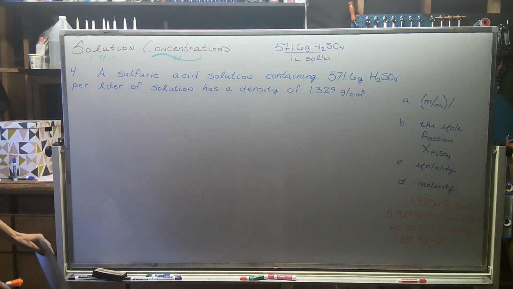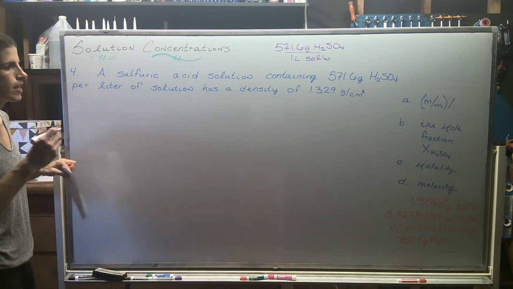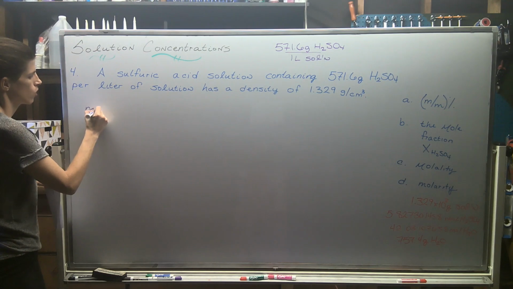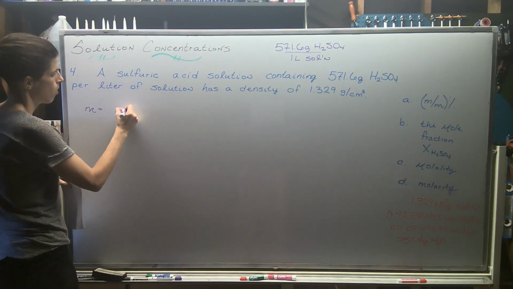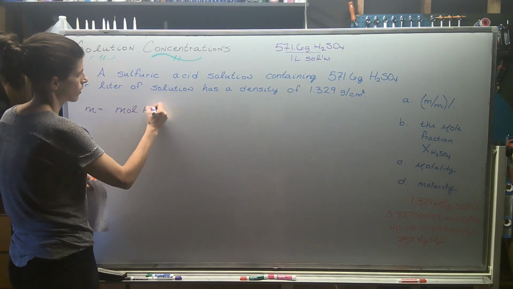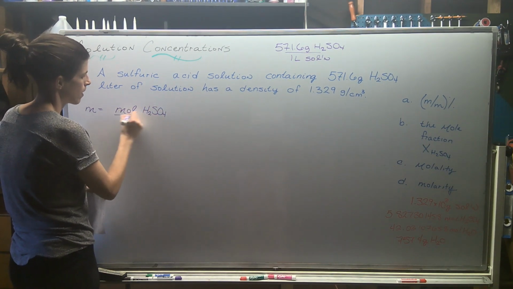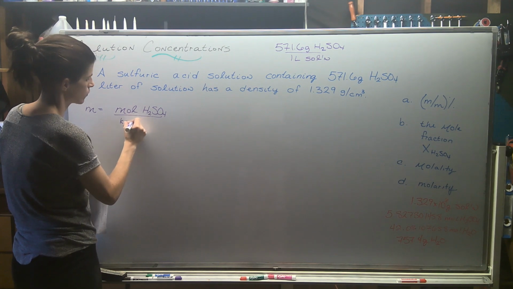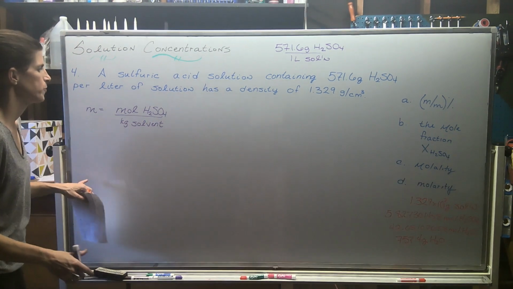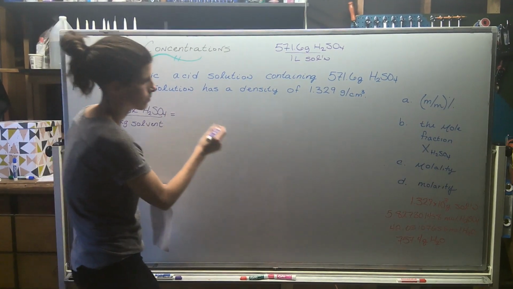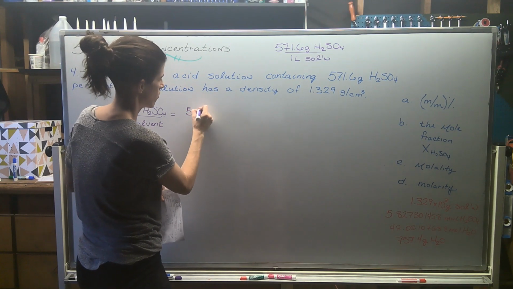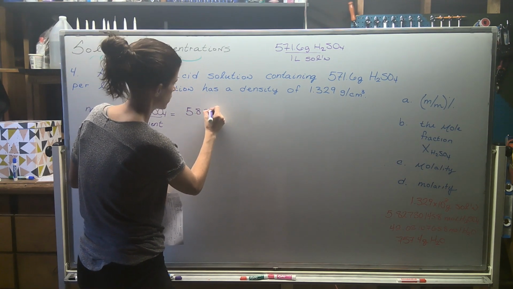So for part C, we're asked to calculate the molality. It's not too bad at this point because we've already done most of the work. So molality will be moles of solute, so in this case our sulfuric acid, divided by the kilograms of solvent, which in this case we're assuming that they used water. I'm going to grab the sulfuric acid mole value from a previous calculation.